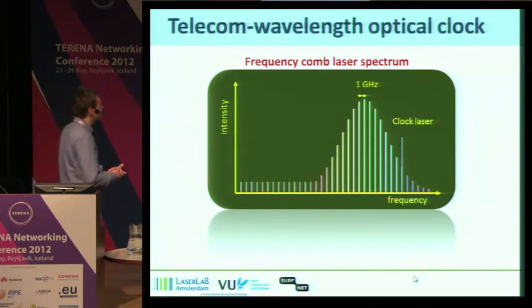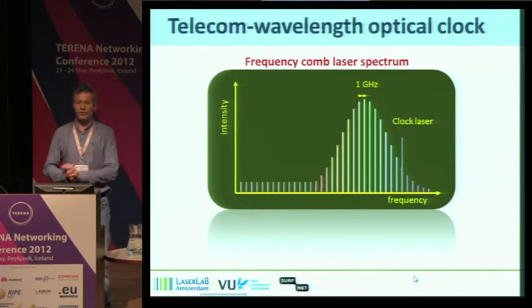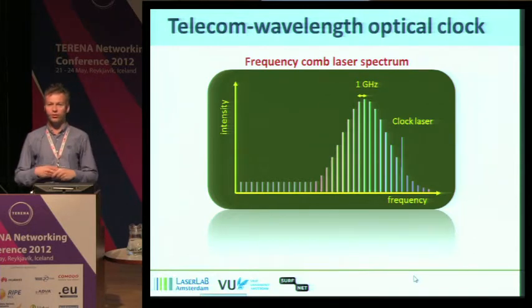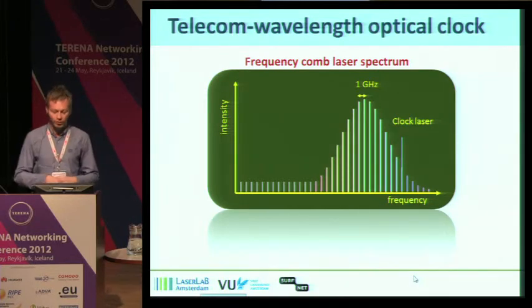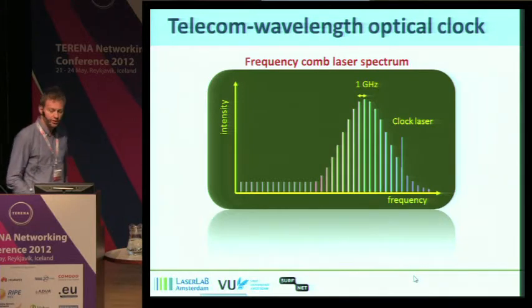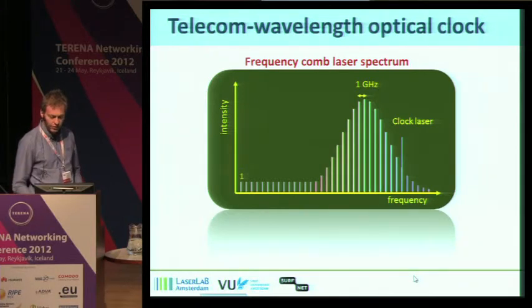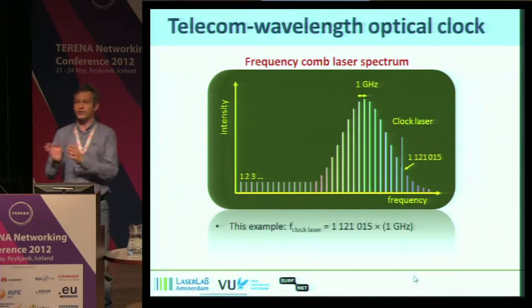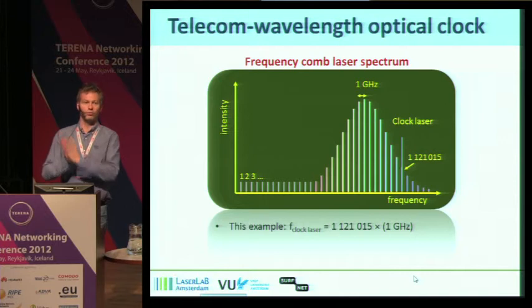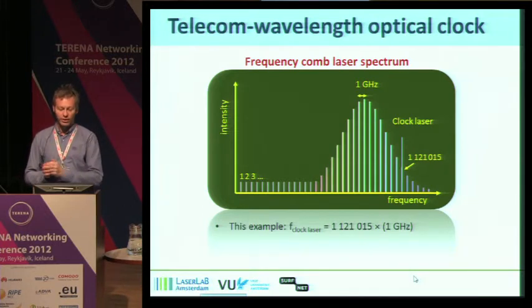Now there is a problem, because the ultra-stable laser of these optical clocks is normally in the visible wavelength range, or even in the ultraviolet range, so nothing that you could send into an optical fiber for telecom. But there is the frequency comb laser that you use to read out the clock frequency. Just to illustrate how that works, this frequency comb laser is not lasing at one mode, but at many CW modes at the same time.